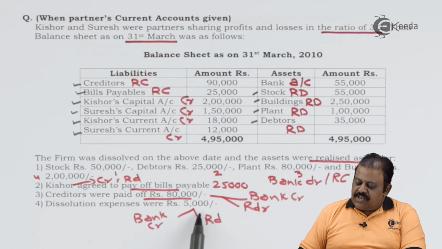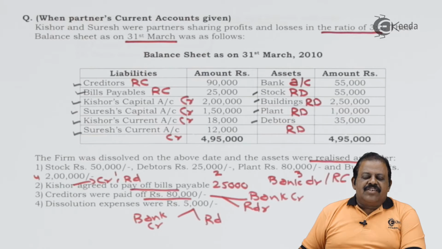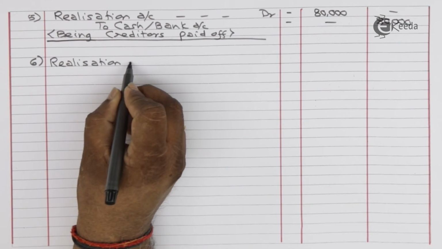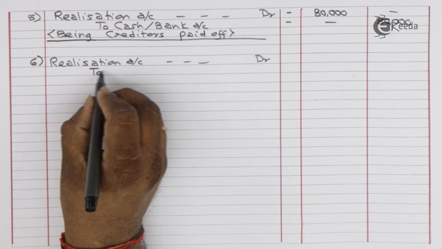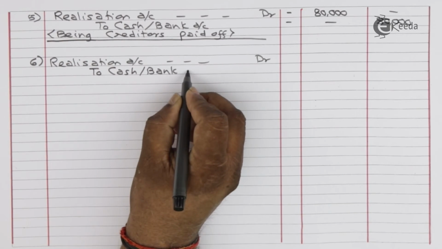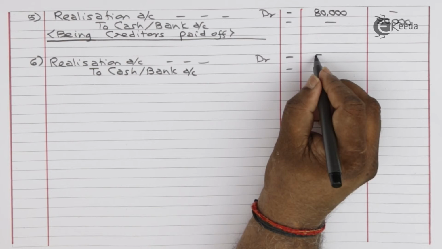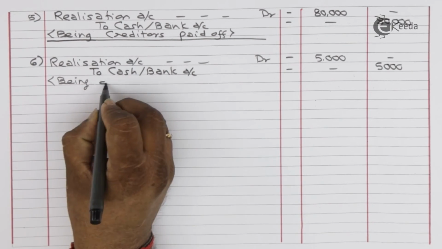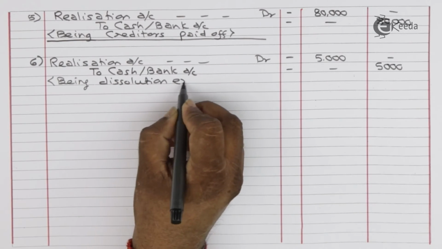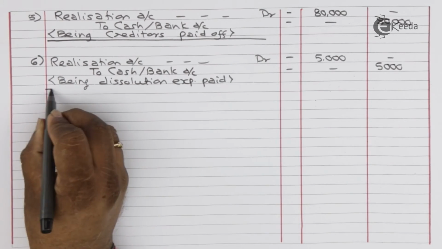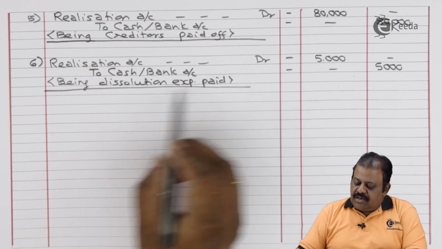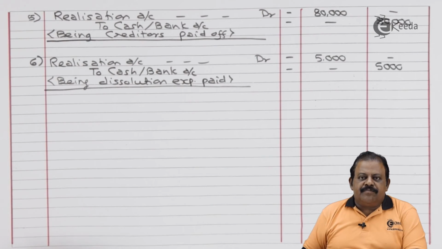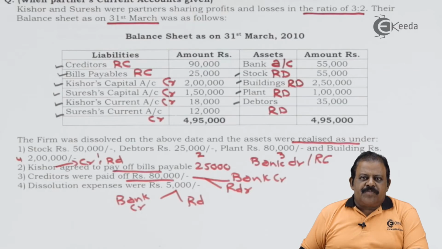Dissolution expenses were rupees 5,000. Entry will be realization account debit to cash bank. Realization account debit to cash bank 5,000, being dissolution expenses paid. With this we have done all adjustments.